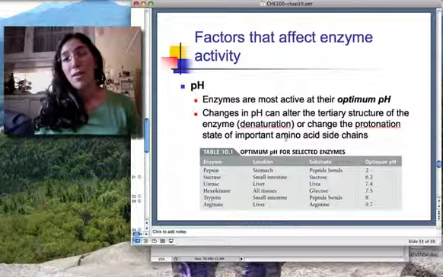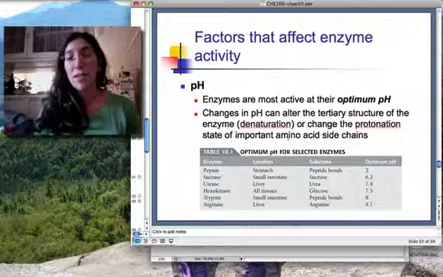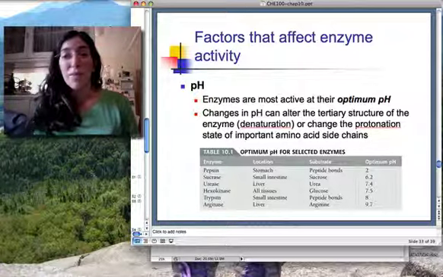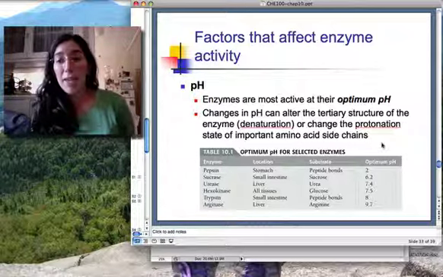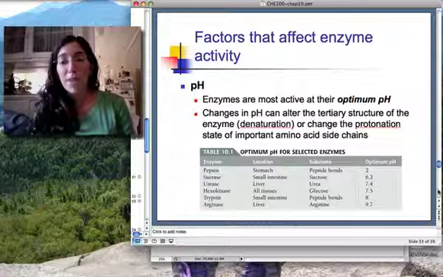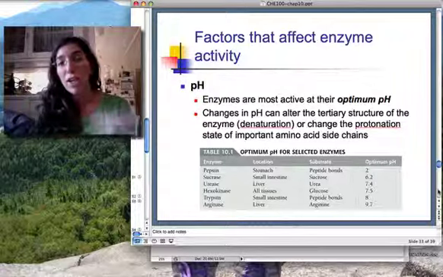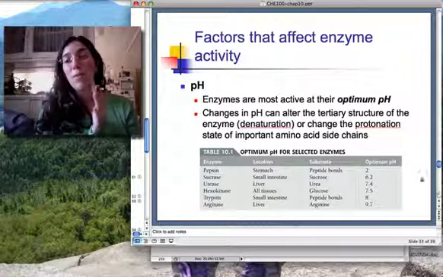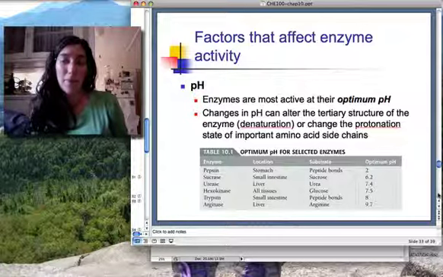Based on the pH, they might pick up a proton or release a proton, because that's what happens with acids and bases in different pH environments. So when it comes to pH and enzymes, the pH should be just right. If you change the pH from what the optimum is, it's not going to function as well.